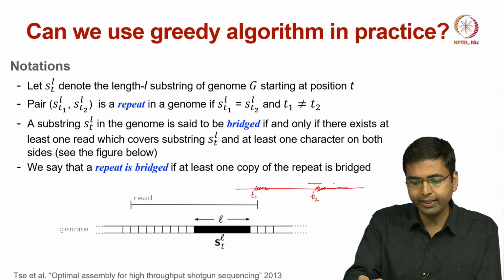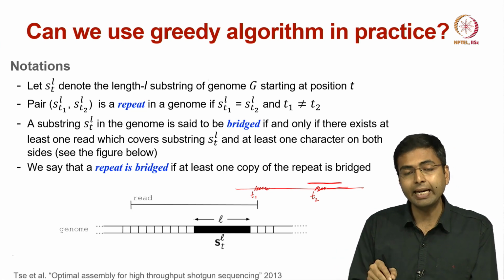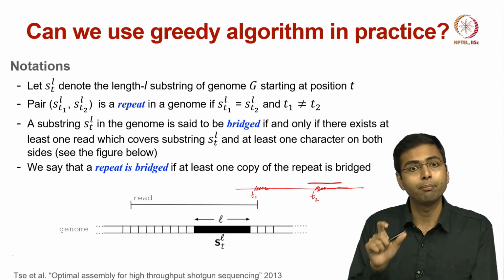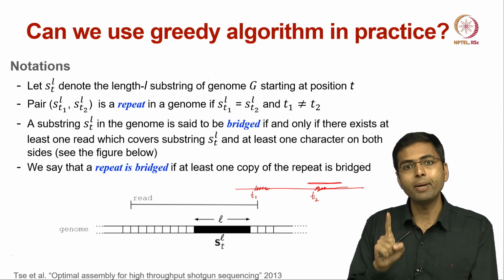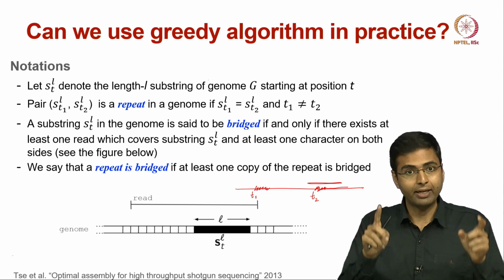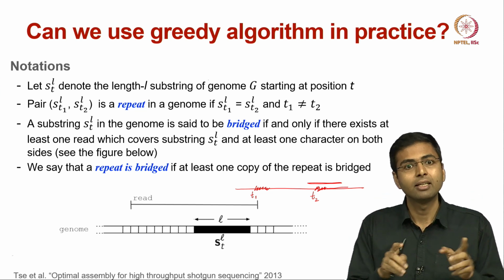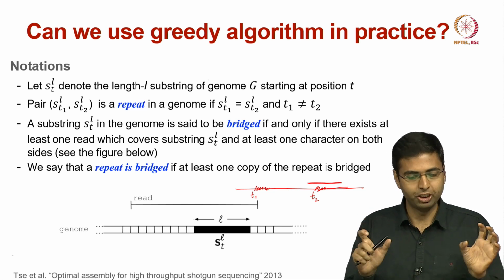So, if one read is bridging the second copy, let us say, then we can say that this repeat is bridged. So, only one of the copies has to be bridged, right. We do not require both copies to be bridged. So, if at least one copy of the repeat is bridged, then we say that the repeat is bridged.